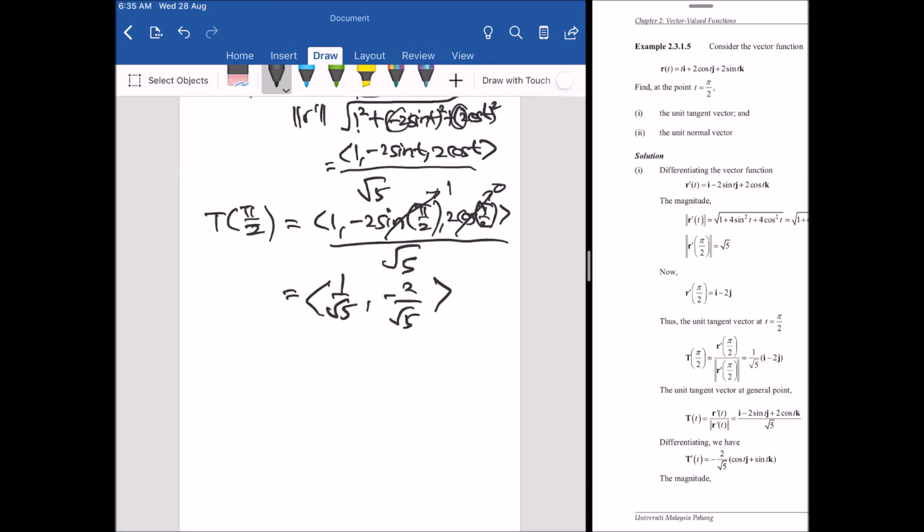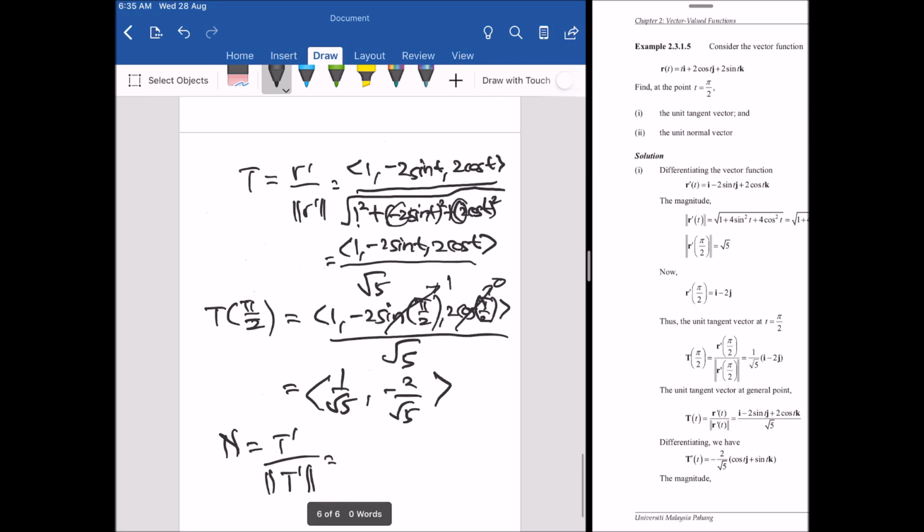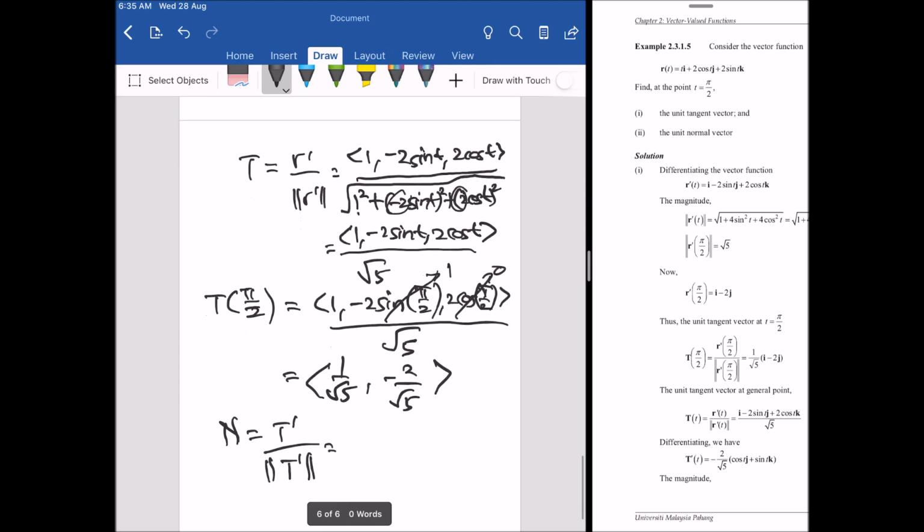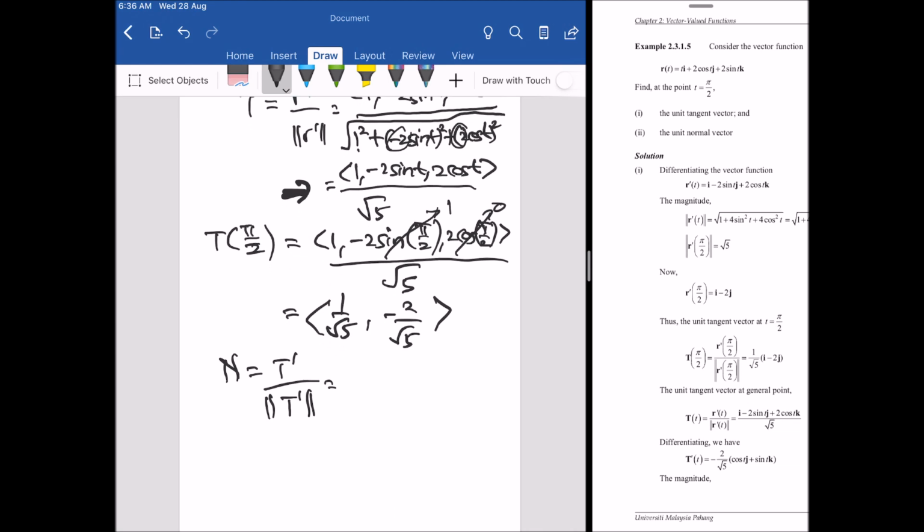So we solve for the unit normal vector, which is N equals T prime over the magnitude of T prime. So our T just now is this one. 1 over square root 5 is only a scalar, so you can bring out the scalar. We differentiate the 1, negative 2 sin t and 2 cos t.